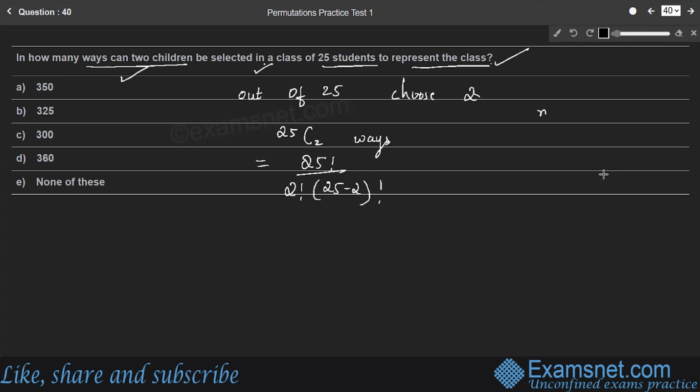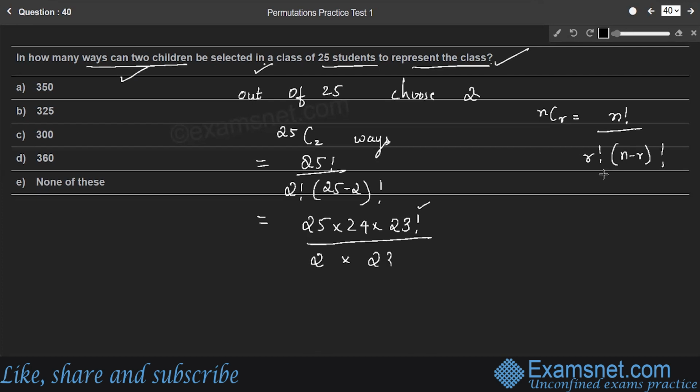We are using the formula nCr is equal to factorial n divided by factorial r into factorial n minus r. So simplify it. 25 into 24 into 23 factorial, and the denominator is 2 factorial into 23 factorial.